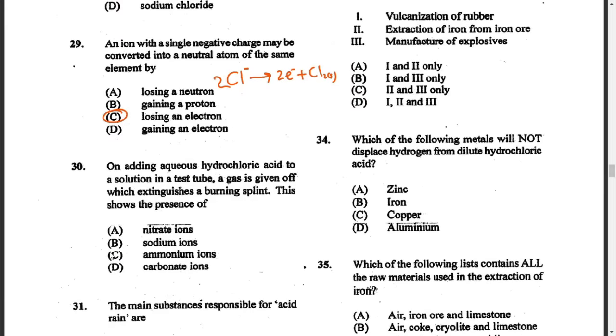Question 30. On adding aqueous hydrochloric acid to a solution in a test tube, a gas is given off which extinguishes a burning splint. Carbon dioxide is the gas that is used to extinguish the burning splint, right? And on a more practical scale, carbon dioxide is used in fire extinguishers because it has the ability to push away the oxygen from around the flame, and so that will extinguish the fire.